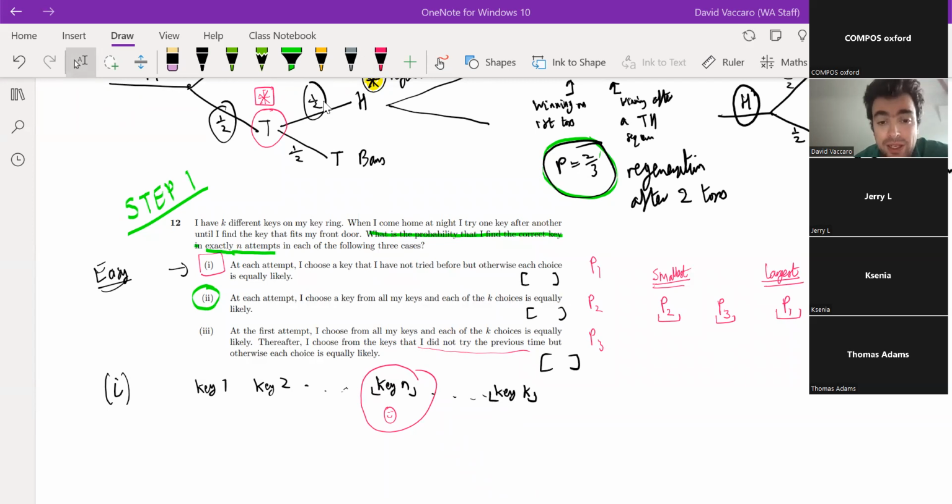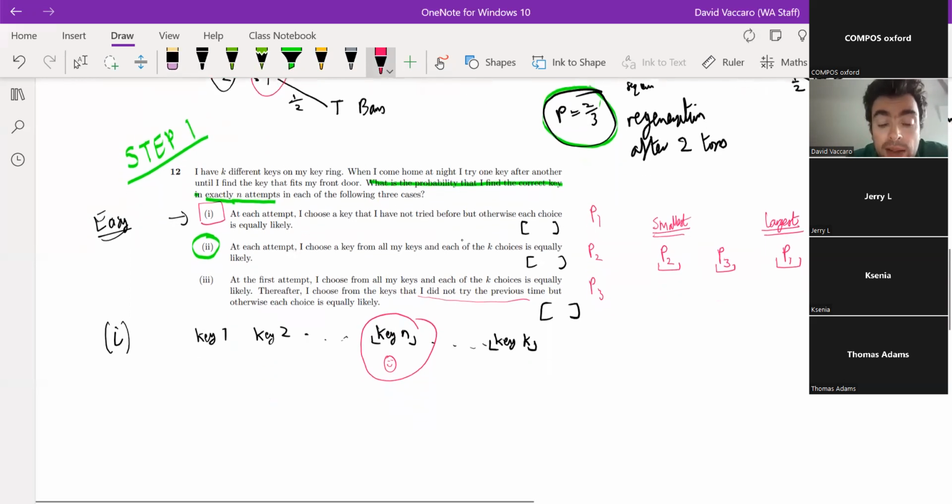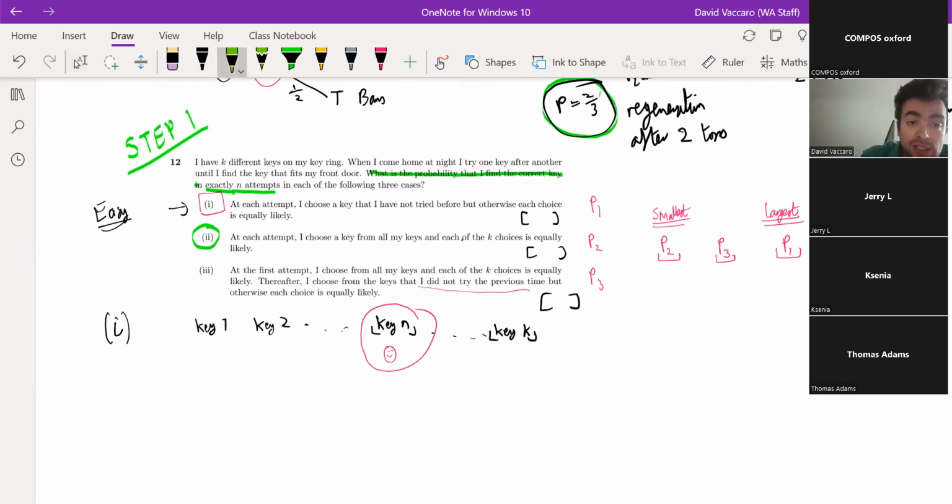I'm not sure where that power is coming from, because a power of n implies you're multiplying probabilities. Here, one of these keys is going to be the right key. It might be the first key, it might be the second key, it might be the last key, but all of those possibilities are equally likely. So the probability that the magic key is key n is just 1 over k.